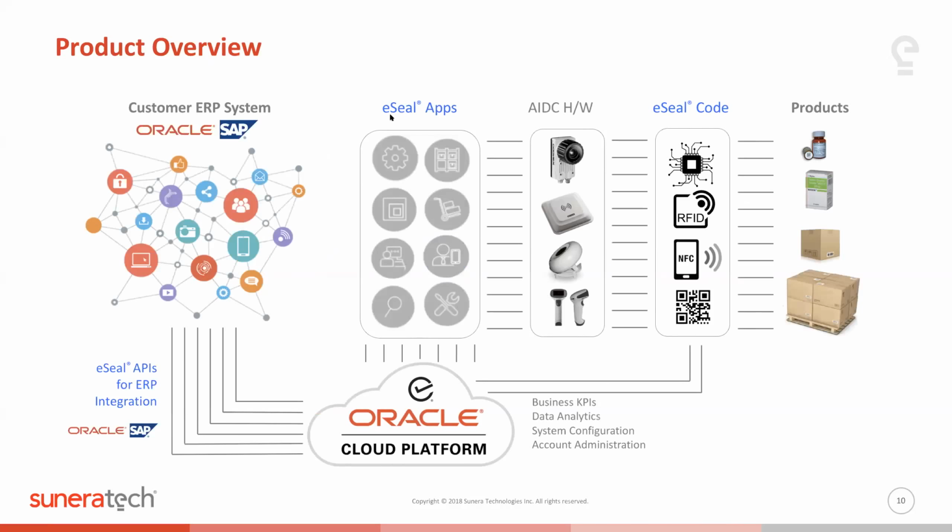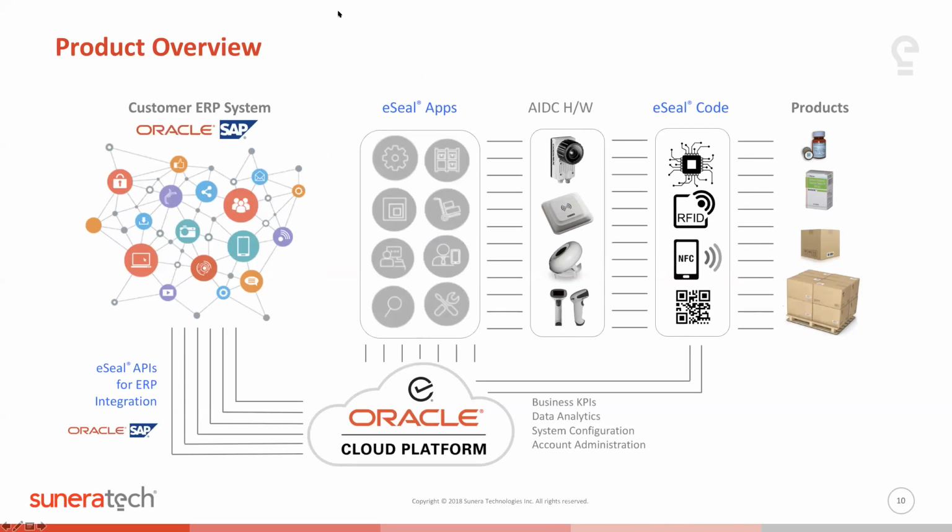So this is a very high-level view of how the eSeal solution works in a supply chain situation. Firstly, we employ ADC technologies for coding each and every component that you choose to track. It could be at a component level, a product level, a secondary pack level, a tertiary pack level, or a pallet level.